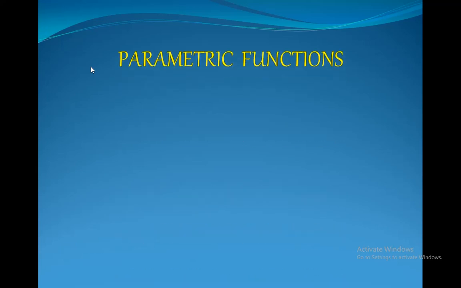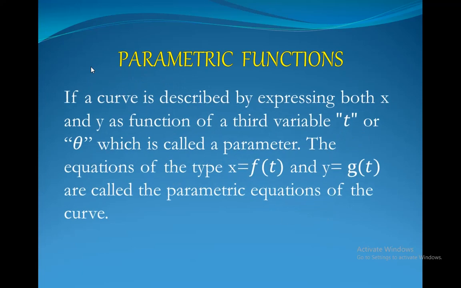Next, parametric functions. If a curve is described by expressing both x and y as functions of a third variable t or theta, which is called a parameter, the equations of the type x is equal to f of t and y is equal to g of t are called the parametric equations of the curve.